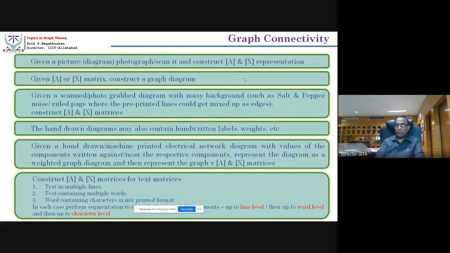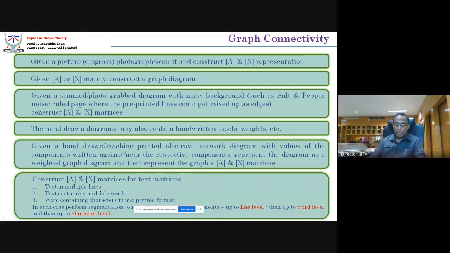When the text document is given in a compressed file, without decompressing, he had to segment the paragraphs, paragraphs into lines, lines into words, words into characters, and that too in a machine printed or handwritten document. So you will not be doing that, but you should think of solving such advanced problems. Okay. All right. I would be giving this as an assignment this time, perhaps not up to multiple lines.